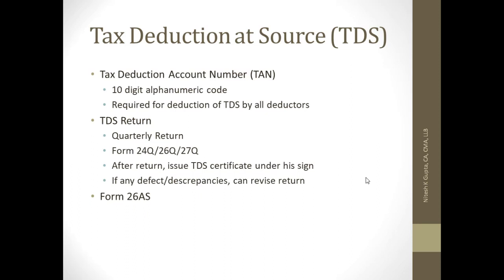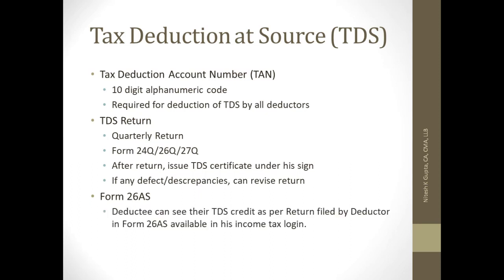Anyone whose tax is deducted by anyone can check his 26AS, because the TDS return which the deductor files gets reflected in form 26AS, which is the TDS credit as per the return filed by the deductor, available in the income tax login. So anyone can check his 26AS in the income tax login and check whatever TDS is deducted and deposited for him by anyone.